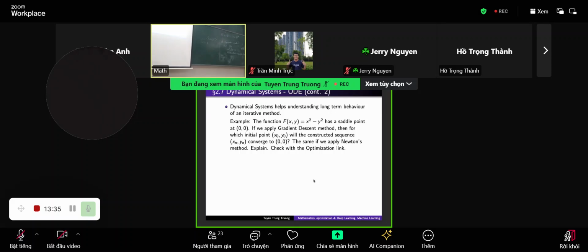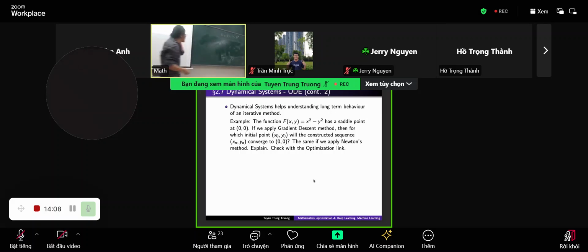And now we come to the thing that I said before, that gradient descent can avoid saddle points. So let's look at this simple example of a saddle point. Also here I explain what it means to say that a method can avoid such a point.